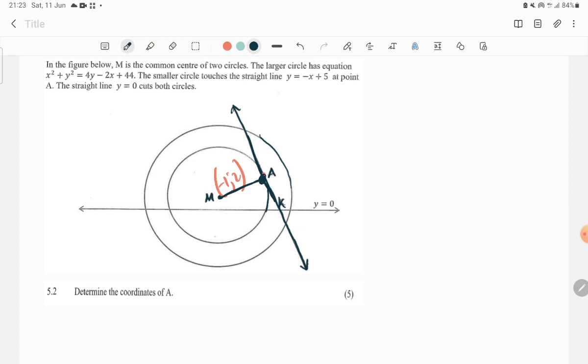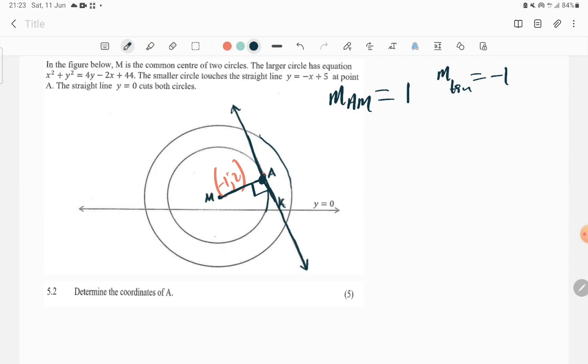So what are we having? The gradient of MA or AM is going to be equal to 1. Why? Because the radius and the tangent are always perpendicular at the point of intersection. And now the gradient of the tangent is equal to -1.